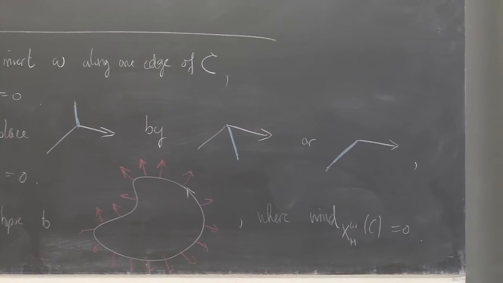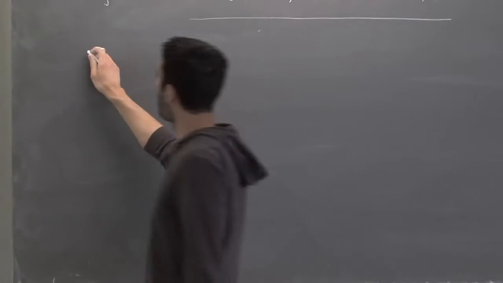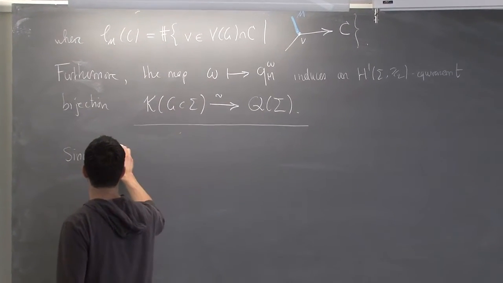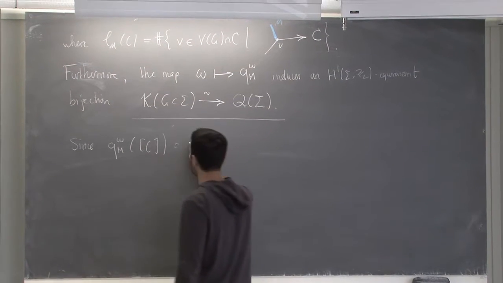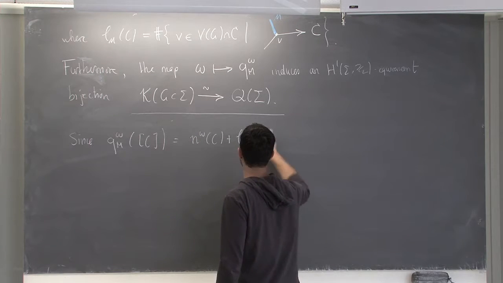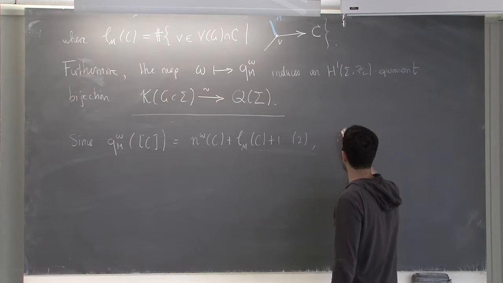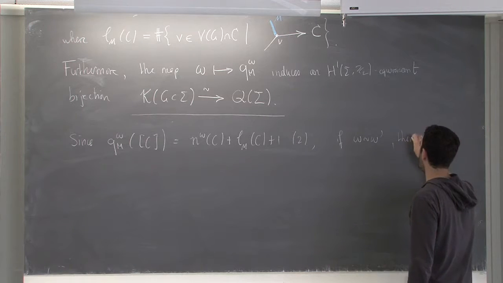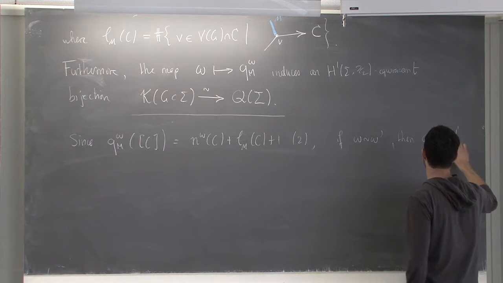So this map induces an H1 equivariant bijection. So the first thing we have to check, now since we have this equality, n omega c, if omega and omega prime are equivalent, then q omega is equal to q omega prime.